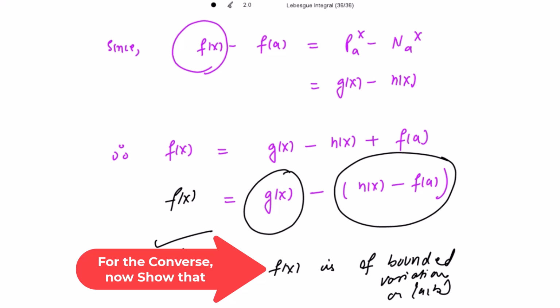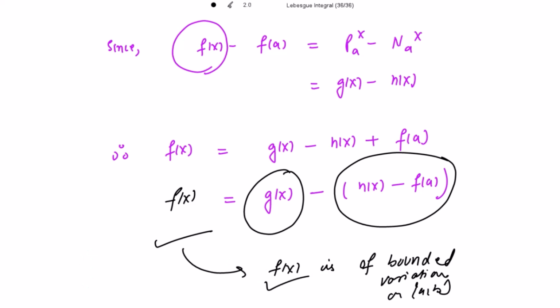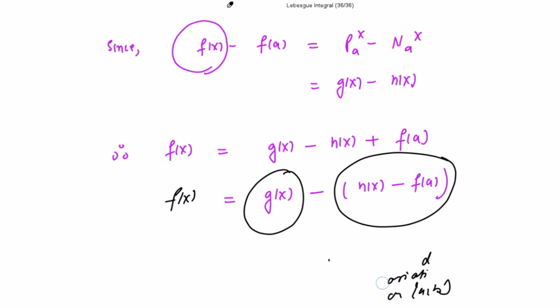This is the converse part. And for f(x) to be of bounded variation on closed interval [a,b], if I show that T_a^b f is finite, then only we say that the function is of bounded variation. Yes? Okay, let's prove the converse part.